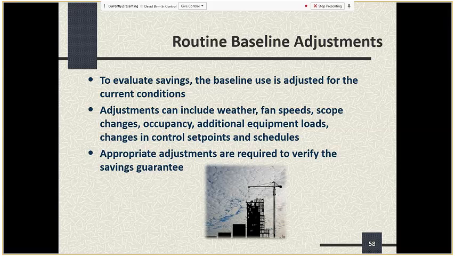So when you're evaluating savings, no matter what method of M&V that you're using, whether that's option A, B, C, or D, you still may be required to make an adjustment to the baseline for current conditions. And those adjustments, depending upon the method you're using, for example, if you're using option B and you're looking at the VFDs for ventilation fans, then fan speed matters.